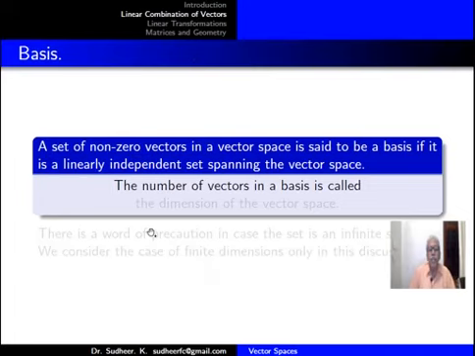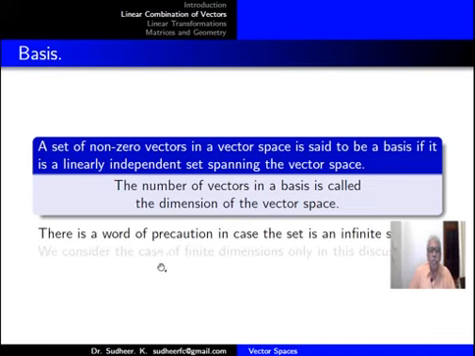A set of non-zero vectors in a vector space is said to be a basis, an important concept in vector spaces, if it is a linearly independent set spanning the vector space. The number of vectors in a basis is called the dimension of the vector space.